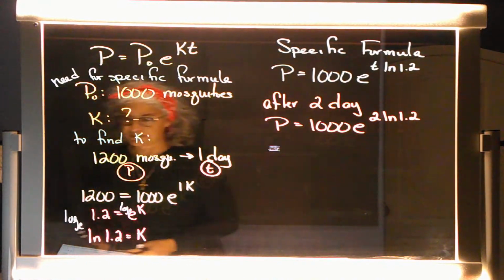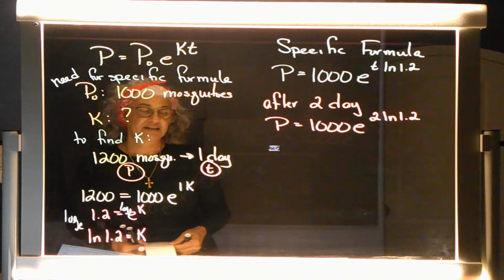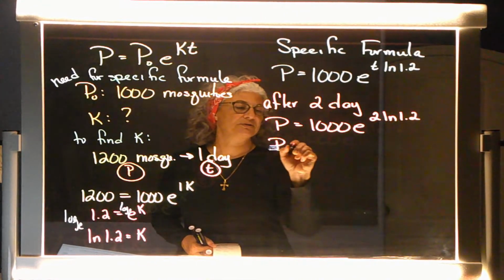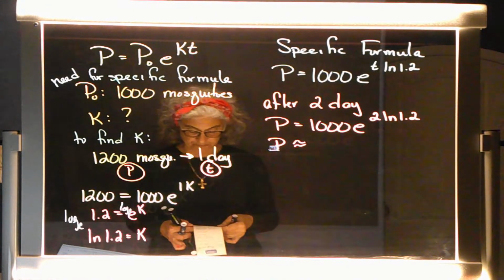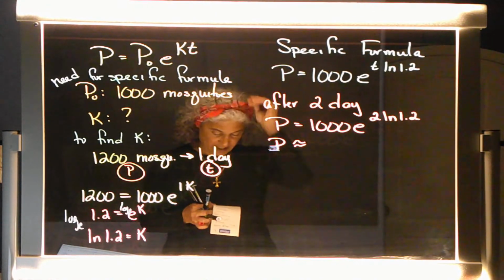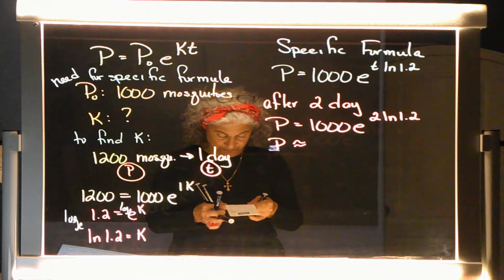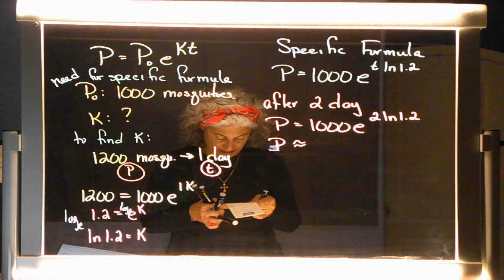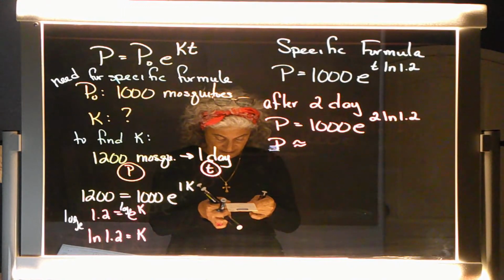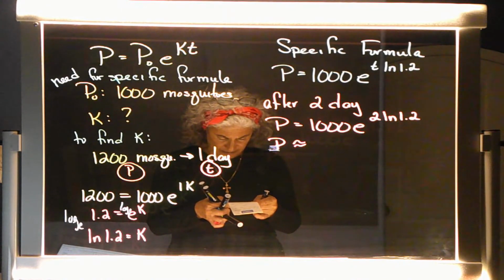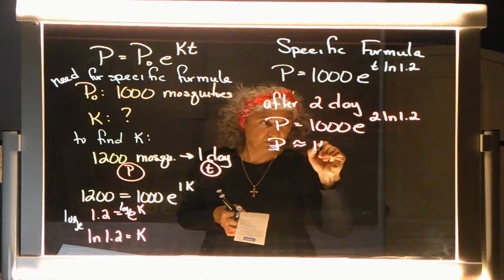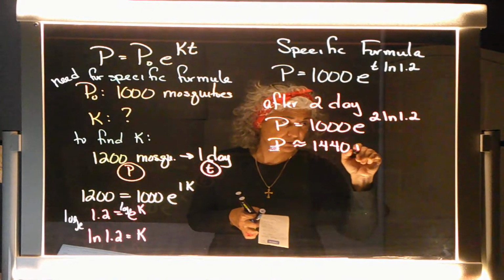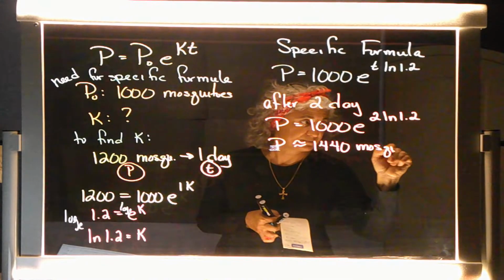I've already gotten my calculator out, and they say round to the nearest whole number. So I'm approximating, agreed? So when I approximate, I end up with approximately 1,140 mosquitoes.